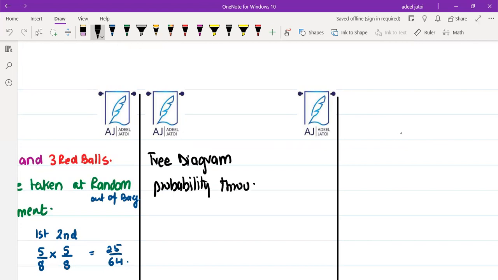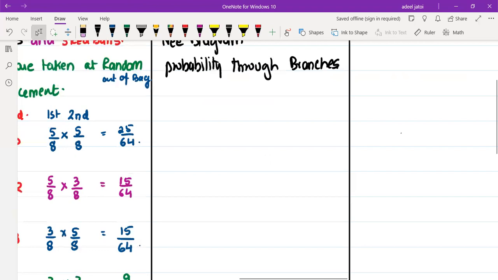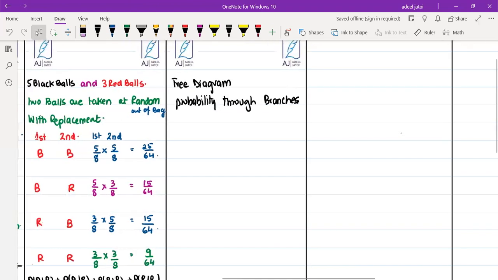Now let's work upon this. Let's say we have the same question. The question is of with replacement. Same thing, we'll be writing first ball and second ball.